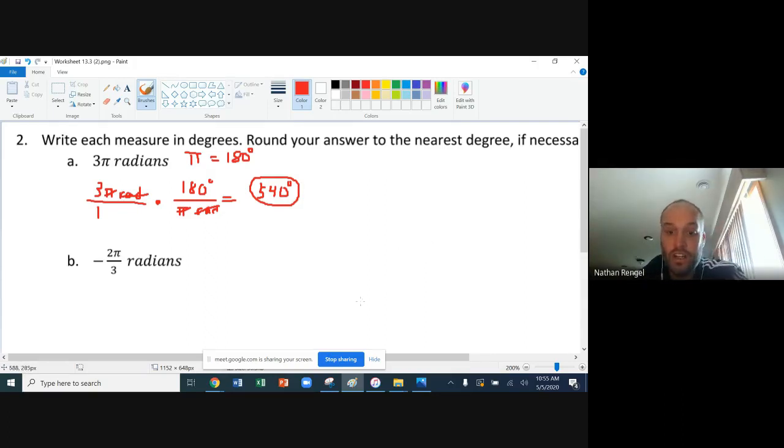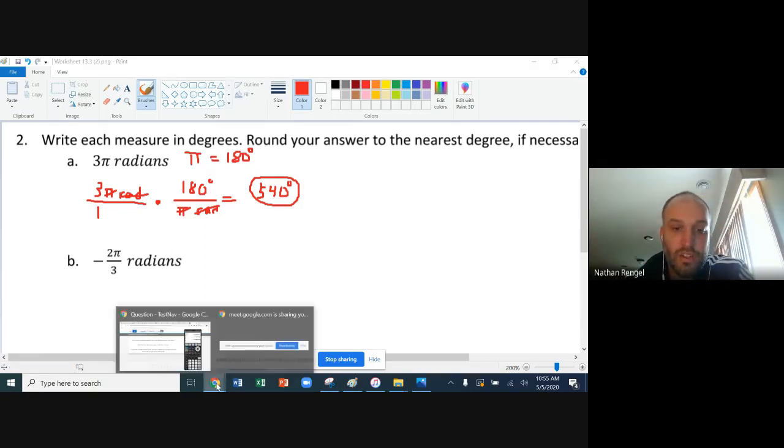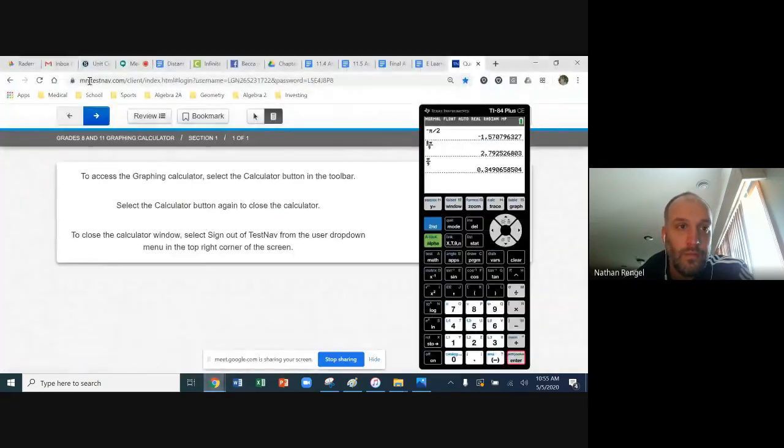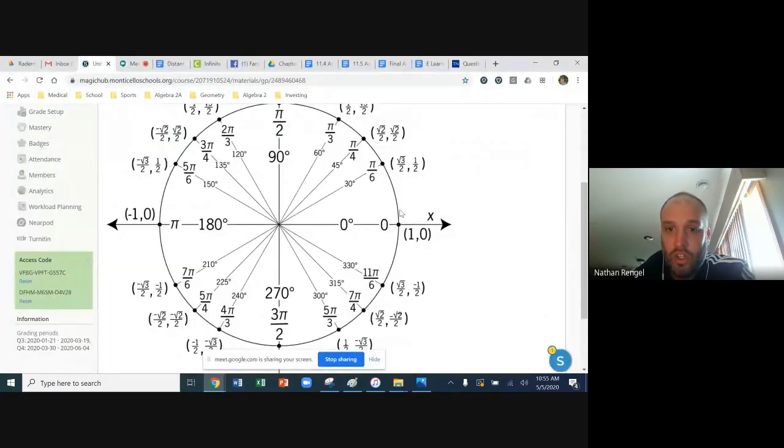That's just going to be our final result. A quick look at the unit circle. Since a full circle is 2 pi, that would be equivalent to 360 degrees. So I've just done a full lap. 540 degrees would be another 180, which would bring me to right here.